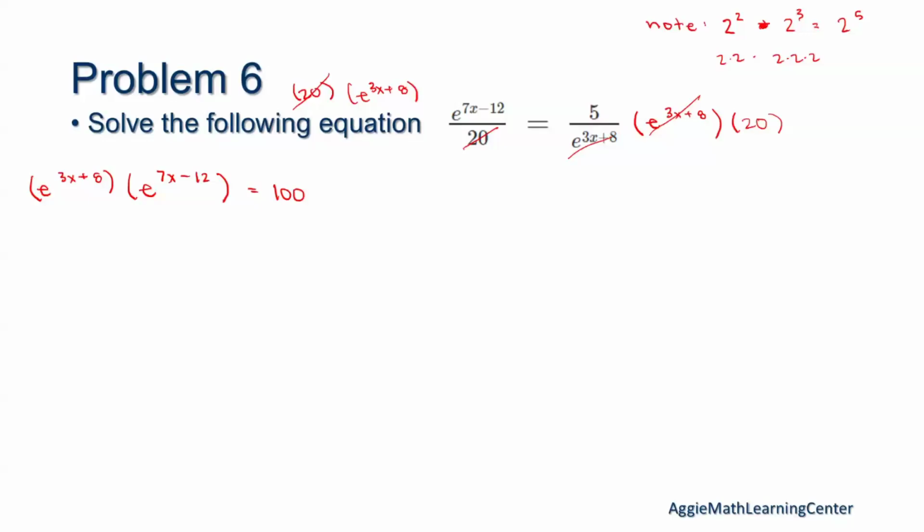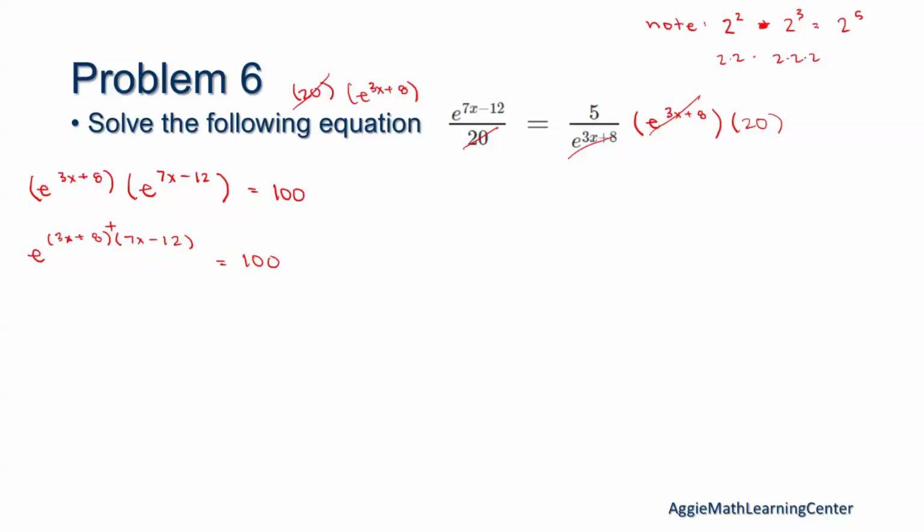So that's what we're going to do for these e's. Their exponents are just a little scarier than 2 and 3, right? So what we're going to do is take e to the 3x plus 8 times e to the 7x minus 12, and all added together is equal to 100. Sorry, guys. I just ate my words.